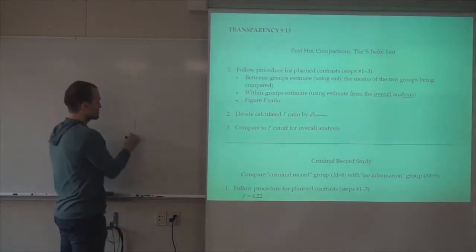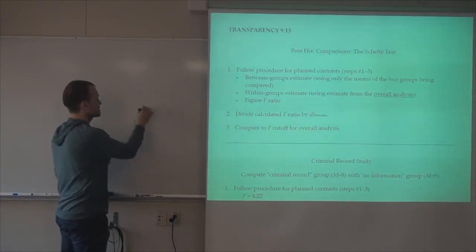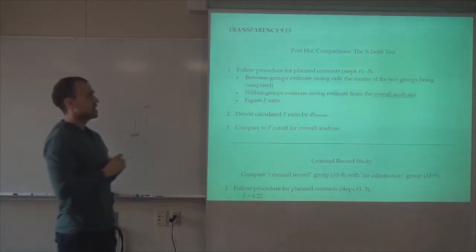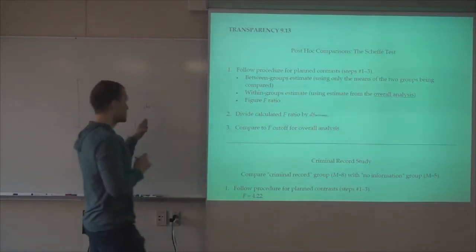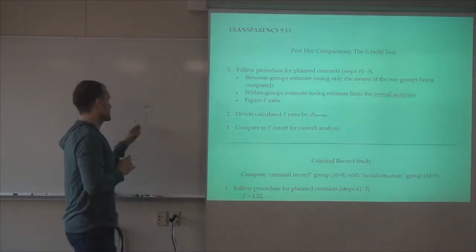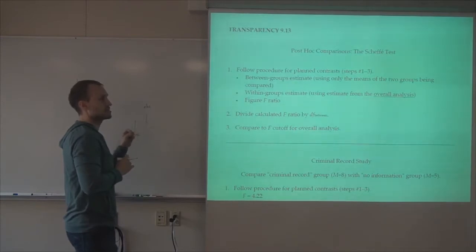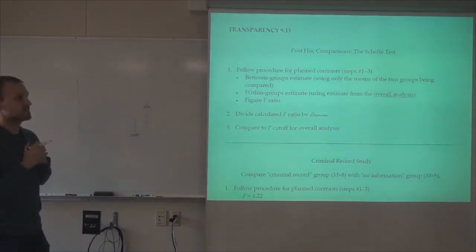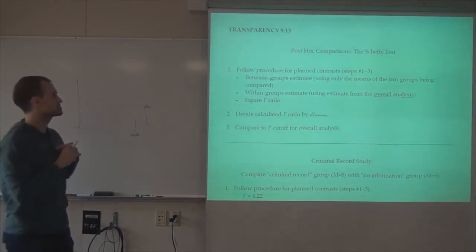But when you look at, so this is your cutoff, when you look at your observed score, let's say it's over here, your observed F ratio, instead of doing that and comparing it and making a decision, if I do it like this, my type 1 error is going to systematically increase over all the comparisons.